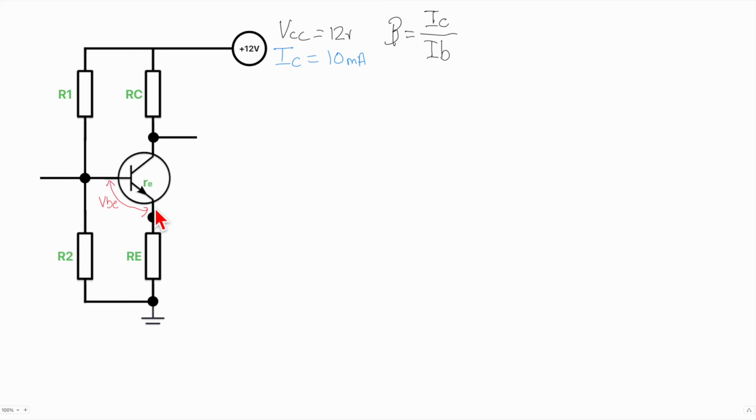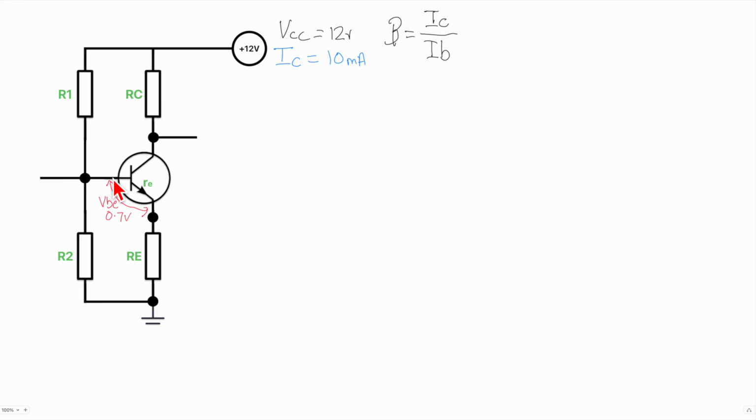And like most diodes, it's a voltage drop of, well, let's call it 0.7 volts. It's somewhere between 0.6 and 0.7 volts for most transistors. So this is functioning like a diode.